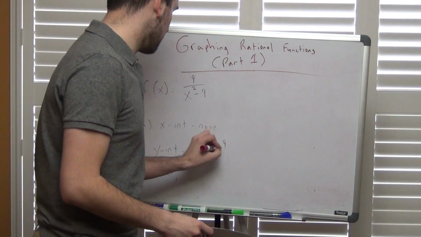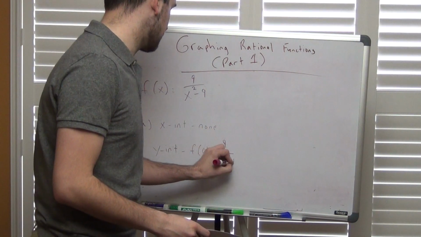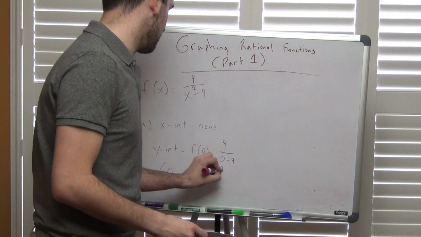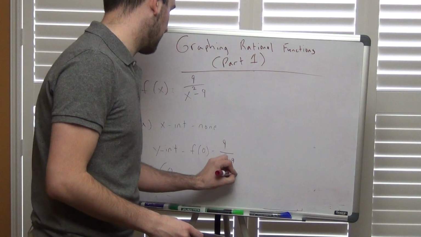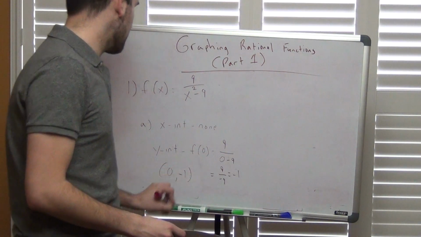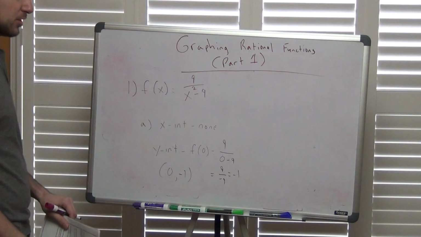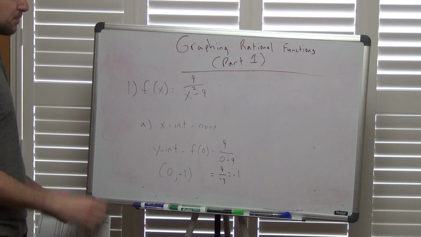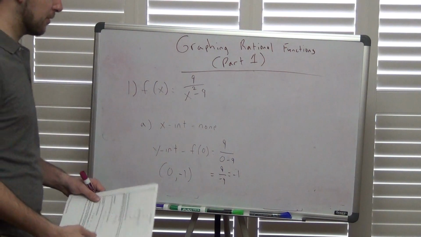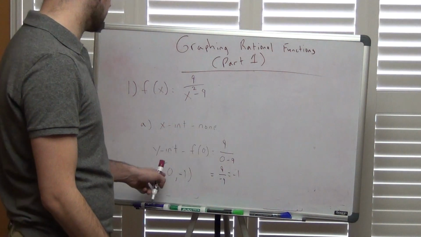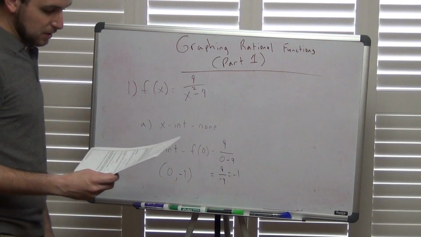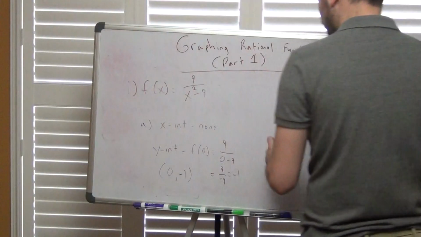So I'm going to have 9 over 0 minus 9, which is going to be 9 over negative 9, which is going to be negative 1. So my y-intercept is 0, negative 1, and I don't have any x-intercepts, okay? So that's my first thing. Find the x-intercept. There might not be some this time, so we have no x-intercepts. We got our y-intercept. All right, now we got to find my vertical and horizontal asymptotes.